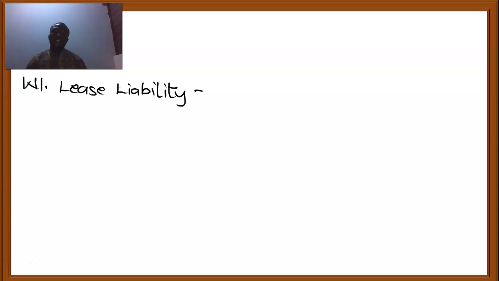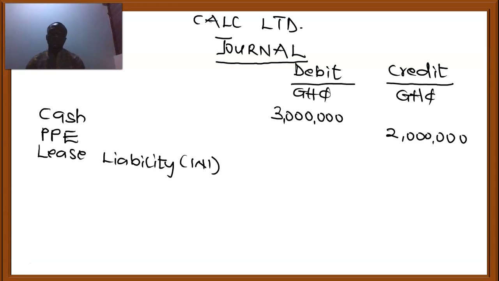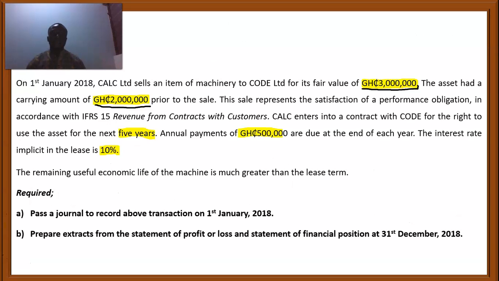We find the lease liability by multiplying the annual lease payments by the annuity factor. In the question, we are told that annual lease payments are 500,000 Ghana cedis.